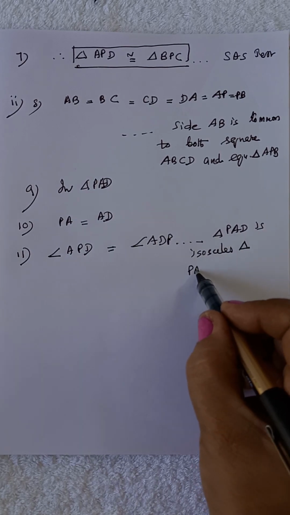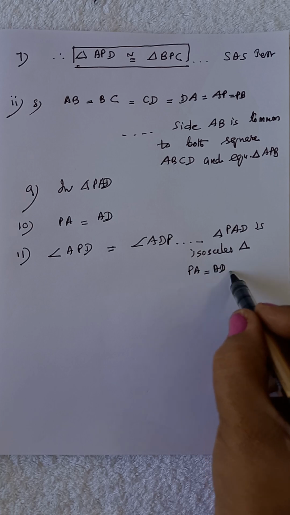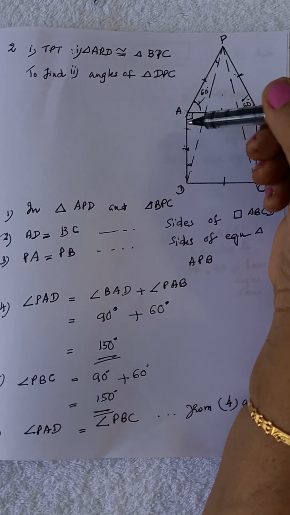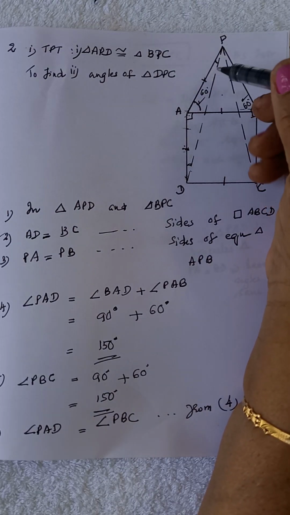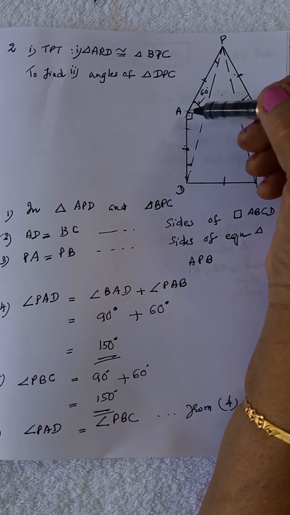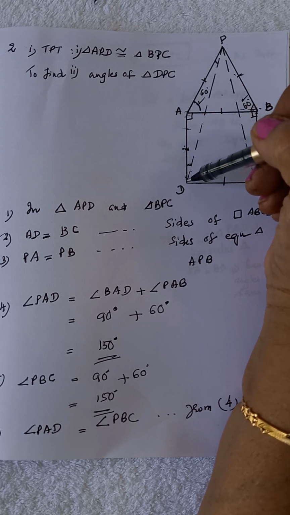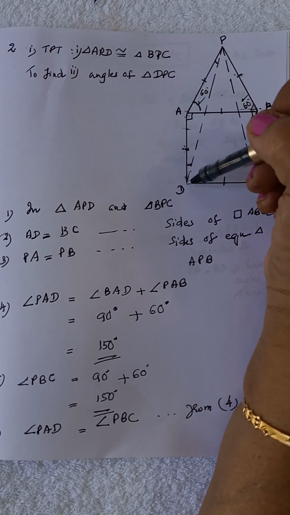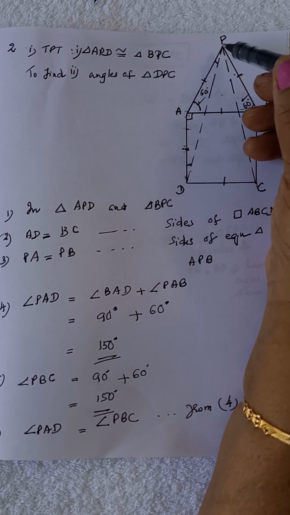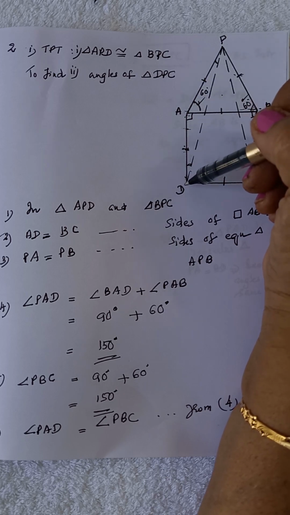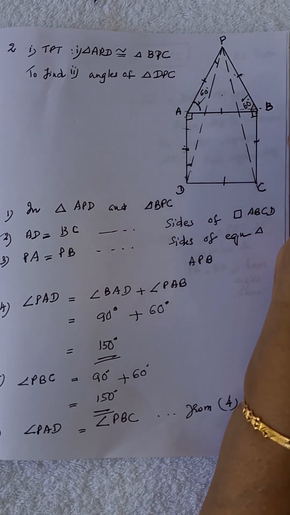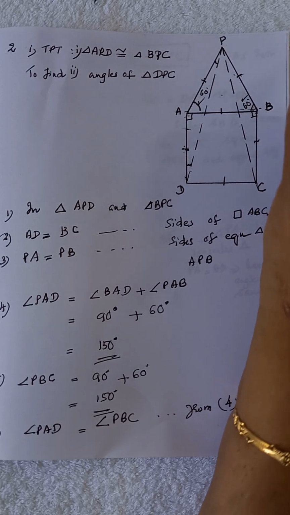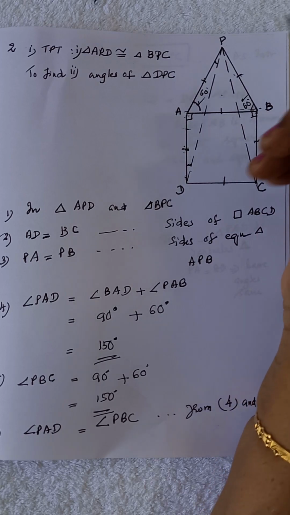So that is PA is equal to AD, which implies base angles same. Now 12th point. In this triangle PAD, we can see that this angle, that is angle APD plus angle ADP plus angle PAD will be what? 180 degrees. That is, sum of angles of a triangle will be 180 degree. That is angle sum property.